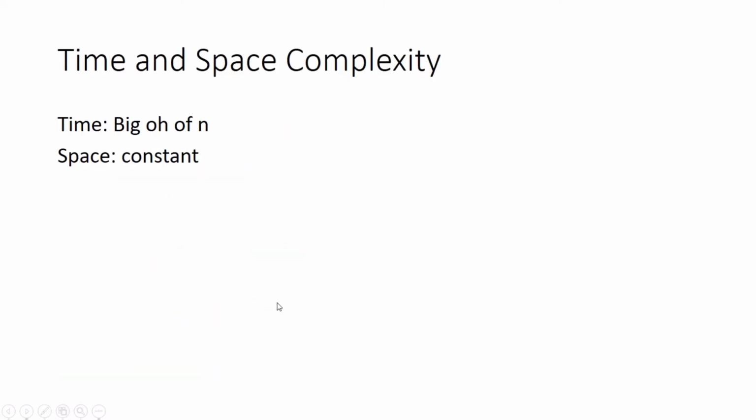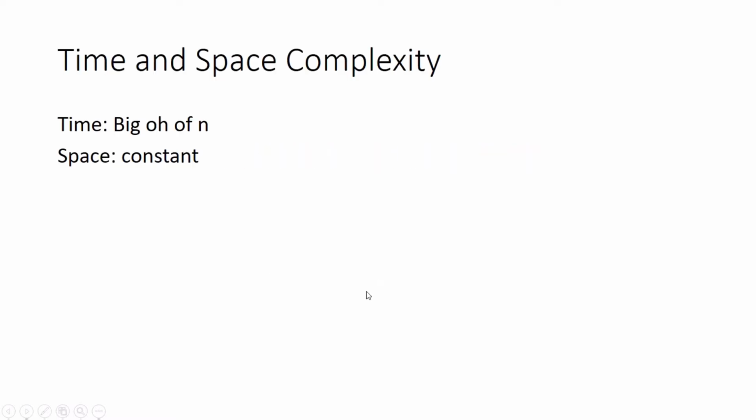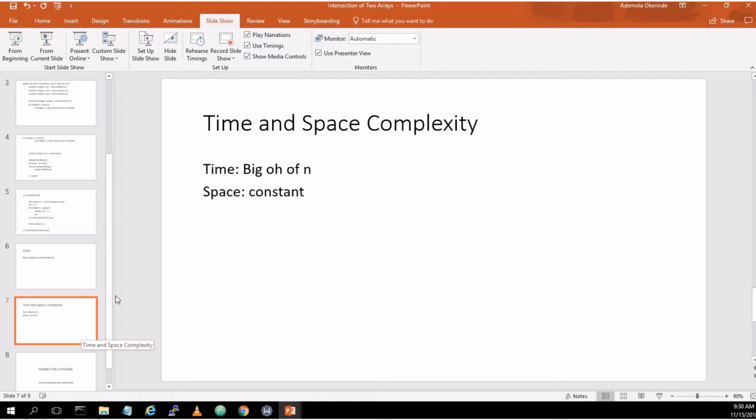The time complexity will be big O of whichever is the maximum of the two arrays. If the first one is n1 and the second one is n2, it's going to be the bigger one of the two.